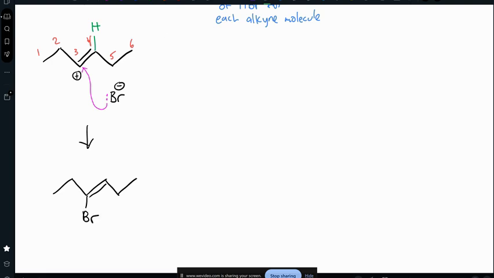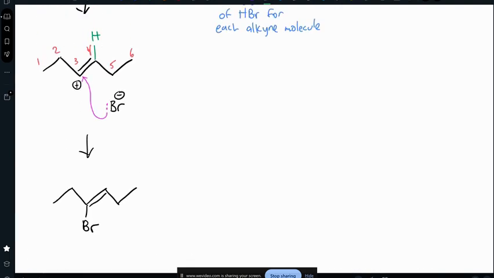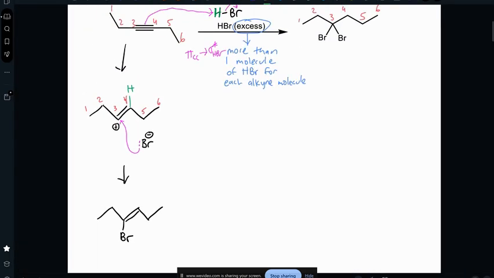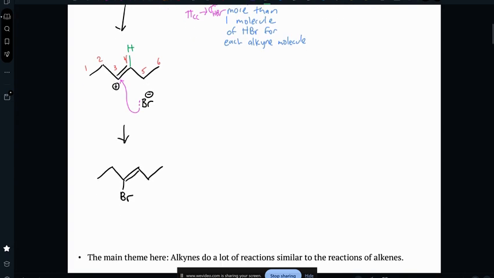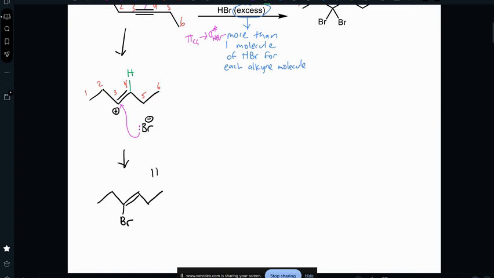And that's going to give me this intermediate here. All right, I can see that I'm not at my product yet. I still have an alkene in the molecule, and I still have more HBr around. So I'm going to repeat that step where pi CC attacks sigma star HBr.